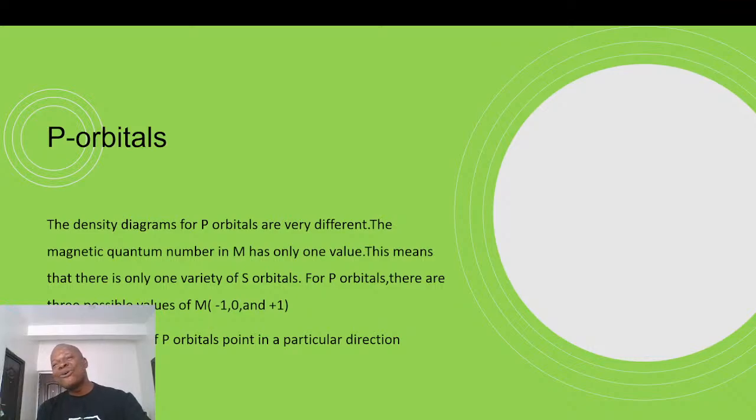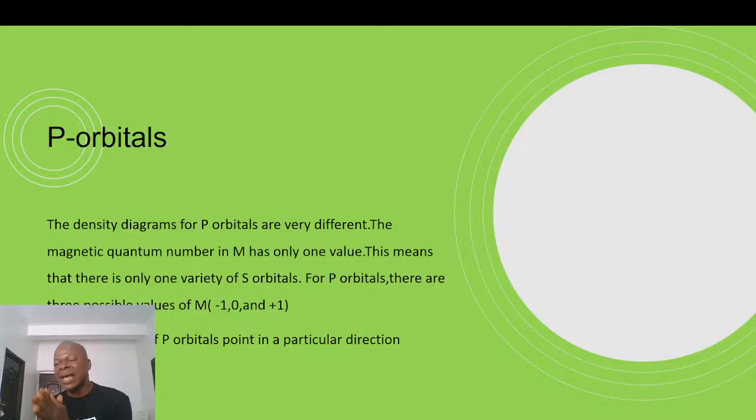Then we have the p orbitals. The density diagram for p orbitals is very different. The magnetic quantum number, m, has only one value for s. This means that there is only one variety of s orbital. But for p, there are 3 possible values of the magnetic quantum number, m.